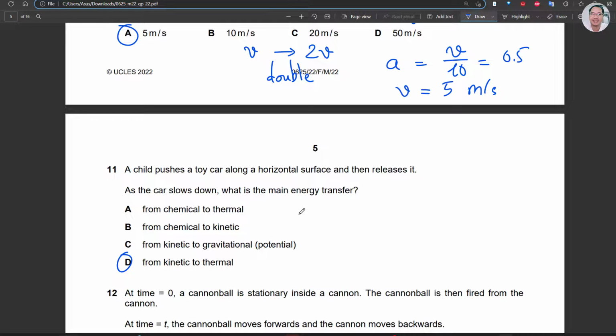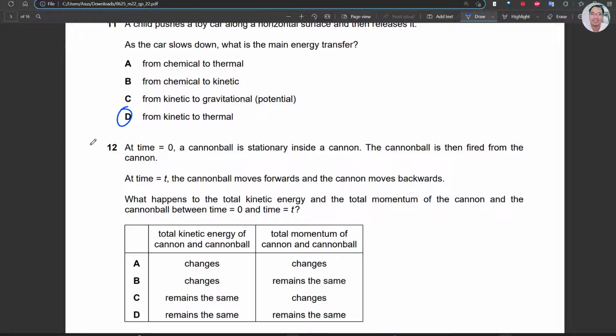Oh, okay. At time 0, a cannonball is stationary inside a cannon. The cannonball is then fired from the cannon. At time t, the cannonball moves forward and the cannon moves backwards. What happens to the total kinetic energy and total momentum of the cannon and the cannonball between time 0 and t?